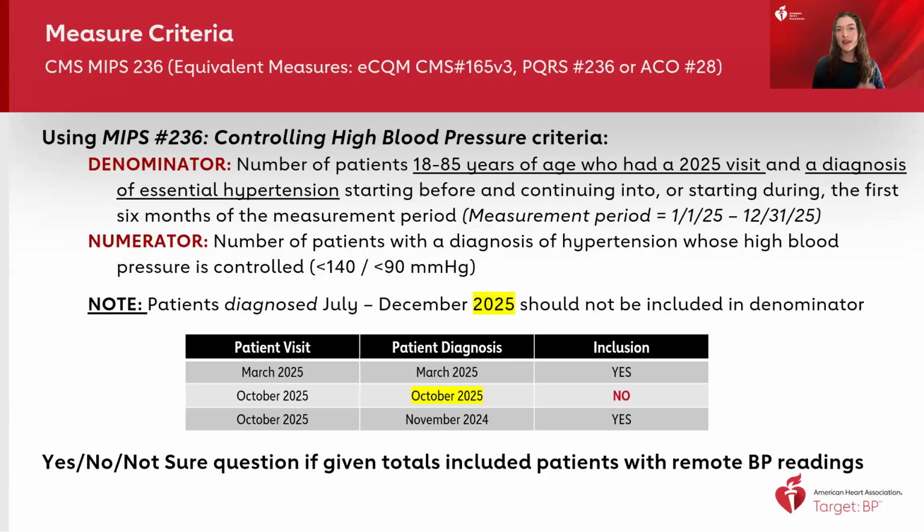We're looking at that initial diagnosis of hypertension from, I think it's July 1st to December 31st of the prior year. You can see this on the bottom row, where that initial diagnosis happened in November of 2024, so prior to the measurement year.